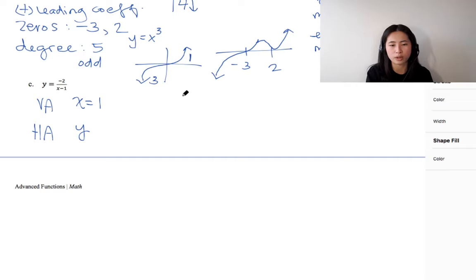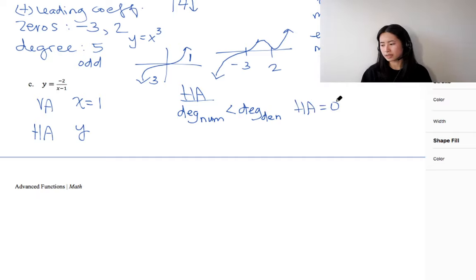Here are the following conditions for horizontal asymptotes. If the degree of your numerator is less than the degree of your denominator, where DEG means degree and DEN is denominator, that means your horizontal asymptote is 0. Does that make sense?